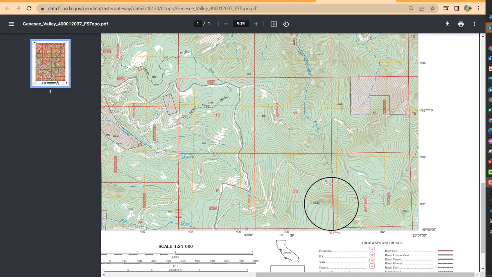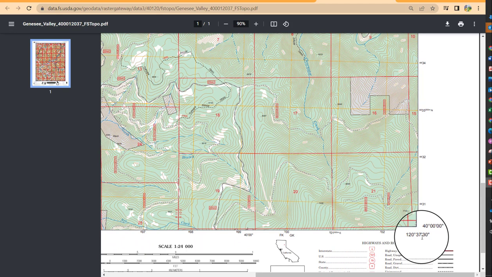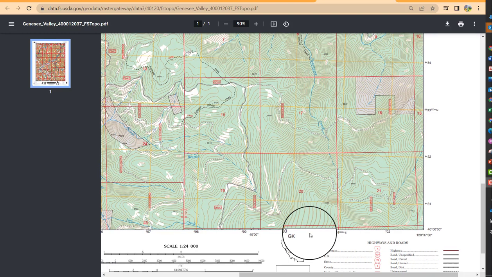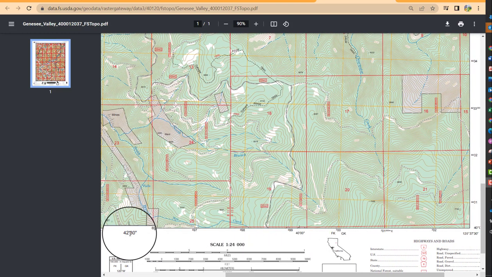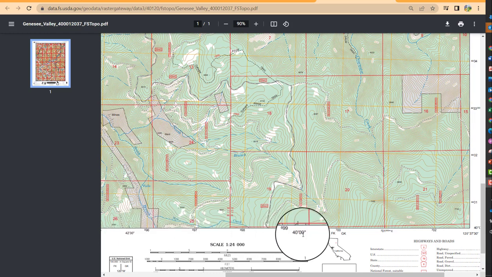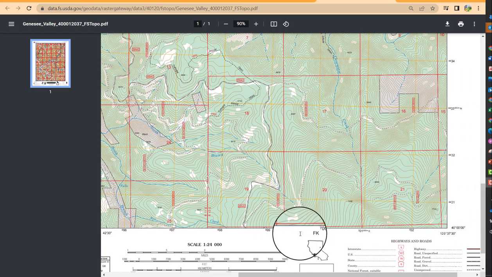And so again, going for that same method where I take my longitude, and here we've got 120 degrees, 37 minutes, and 30 seconds. And let me find my other indicator here so I know my breakpoints. Okay, so there's 40, that would be 120 degrees, 42 minutes, and 30 seconds. And so between those two markers, oh, there's another one, 40 degrees. Okay, that's a little bit closer.